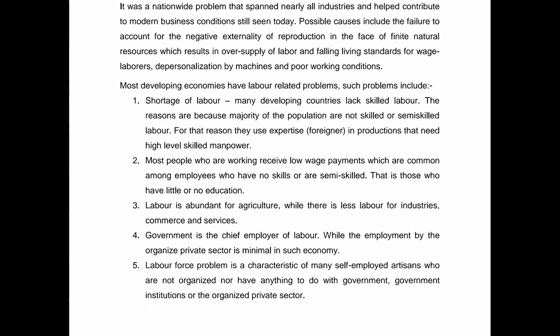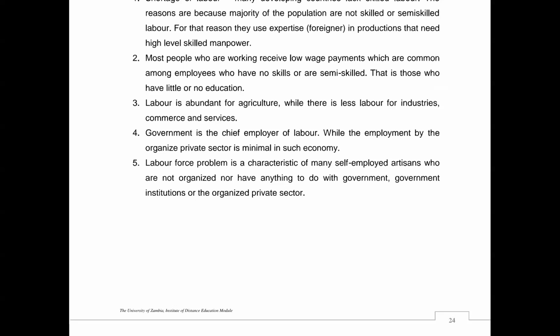That's one of the challenges they face. In these economies, most people who are working receive low wage payments, which are common among employees who have no skill or are semi-skilled, that is, those who have little or no education.